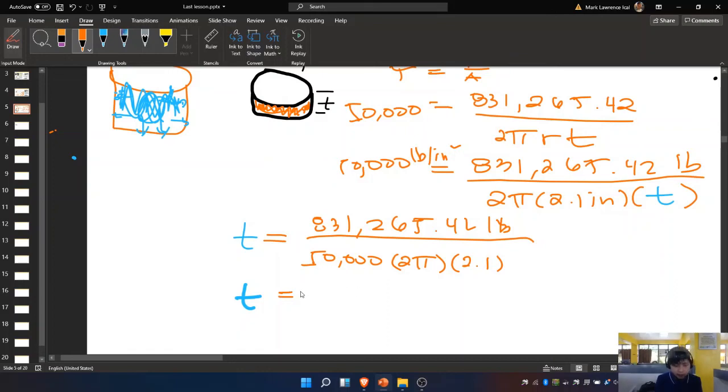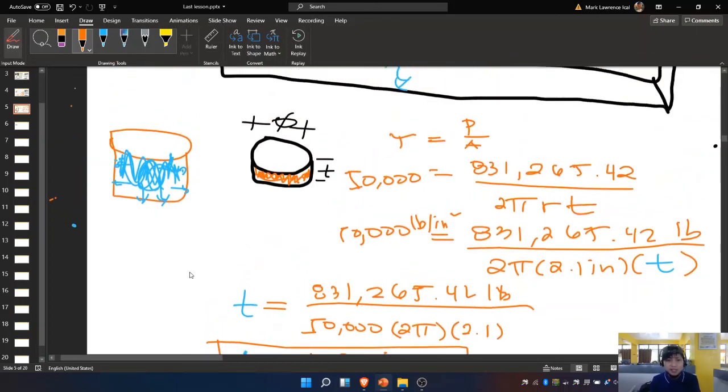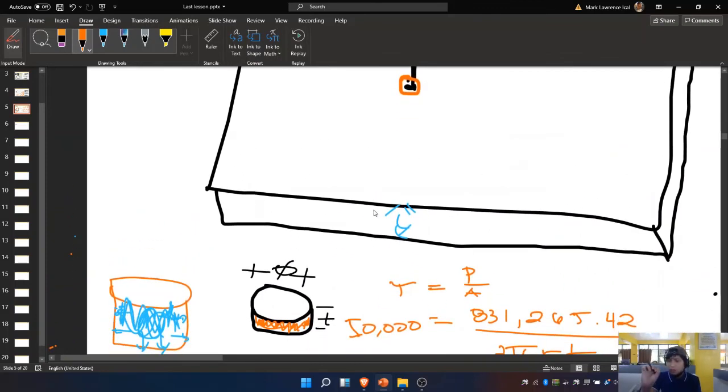So, the answer is 1.26 inches. So, yan po yung sagot. 1.26 inches. So, yun yung kapal nitong steel na yan. So, makapal din pala, ano? 1 inch.